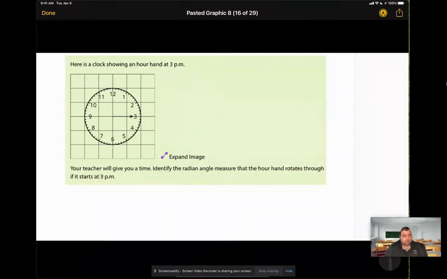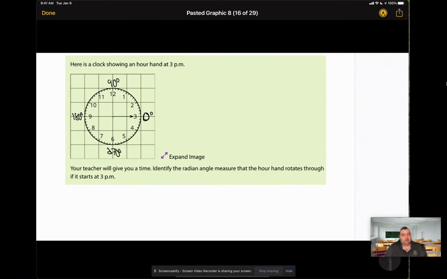We know that if this is a circle, directly right of center is 0 degrees. Directly up is 90. This is 180. This is 270 degrees, and so on.